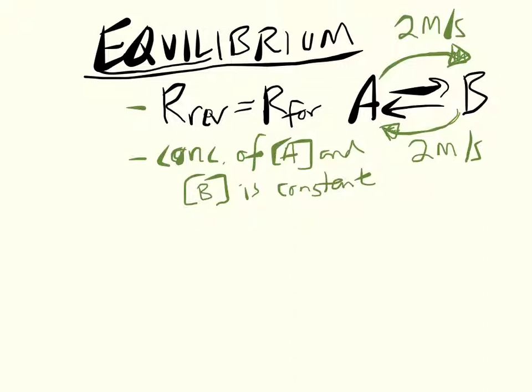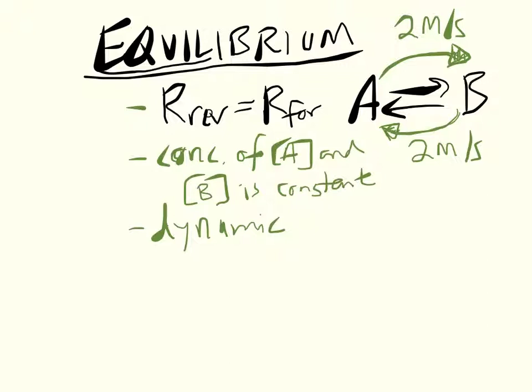The concentrations of A and B do not necessarily have to be equal to each other, but they do have to remain constant over time. The last thing about equilibrium is that it is dynamic. It does not stop. Once you've reached equilibrium, the reaction does not stop.